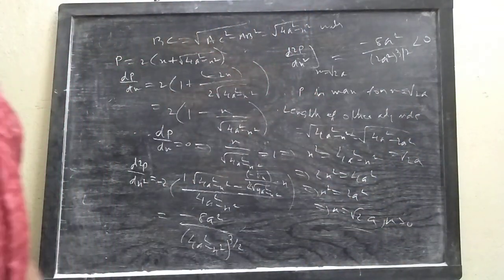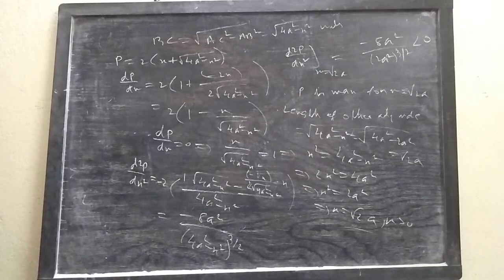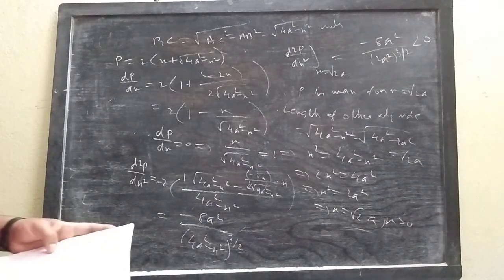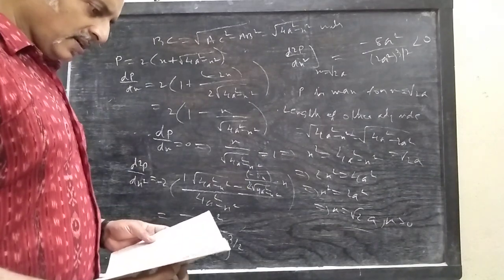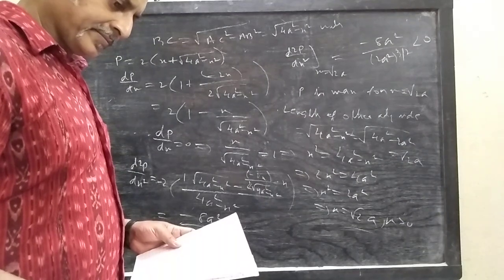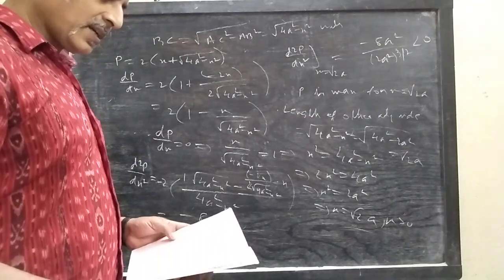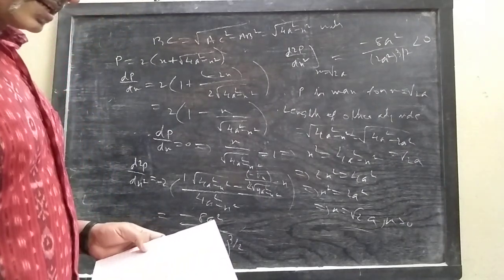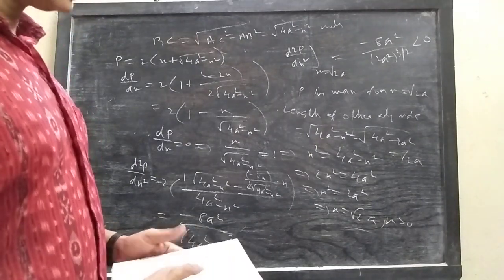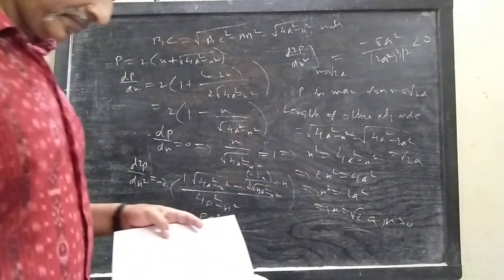So the lengths of the adjacent sides of the rectangle are equal, which suggests that it is a square. So hence it is proved that the rectangle of maximum perimeter inscribed in a circle of radius a is a square of side root 2 a. Okay.